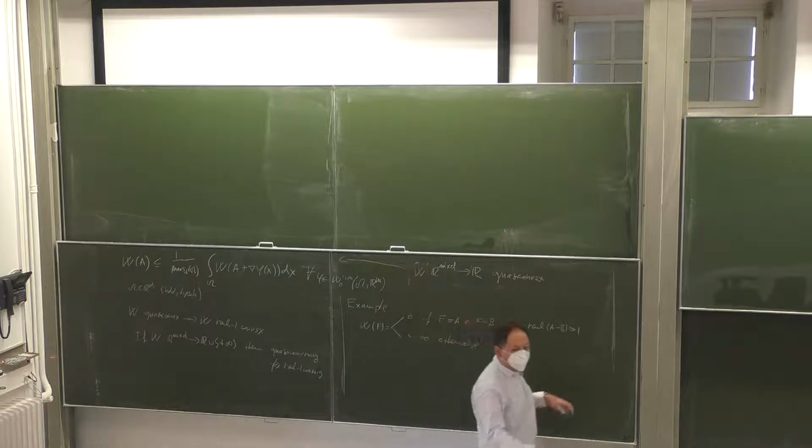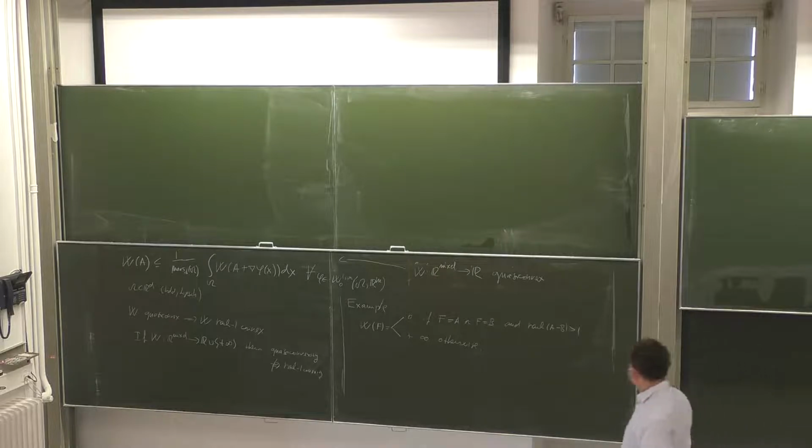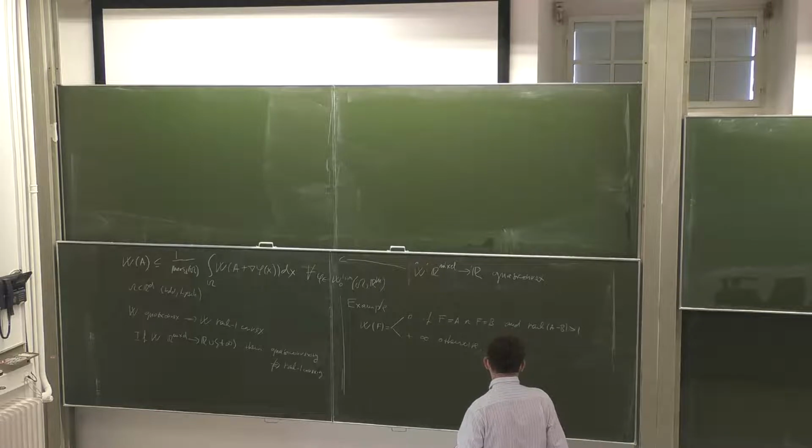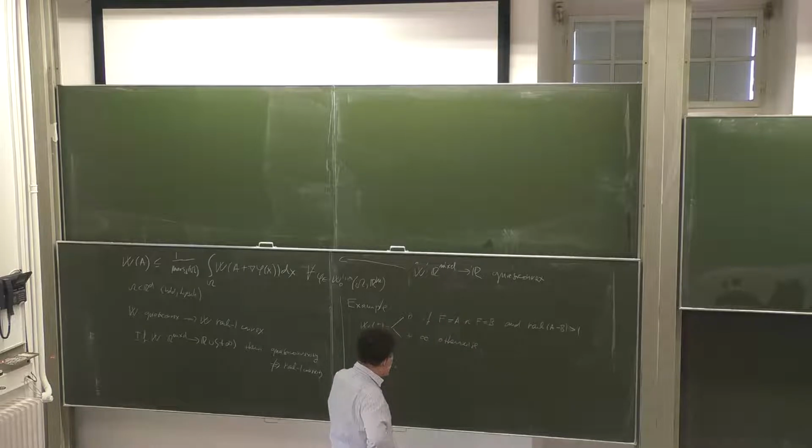So this function is not rank 1 convex. No, I think I have to take... I want to have a function which is quasi convex, not rank 1.